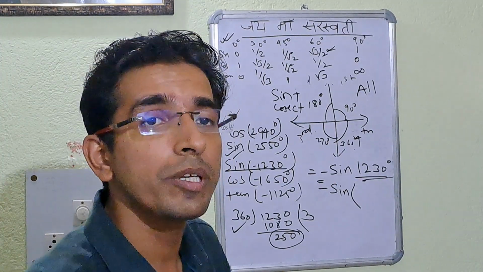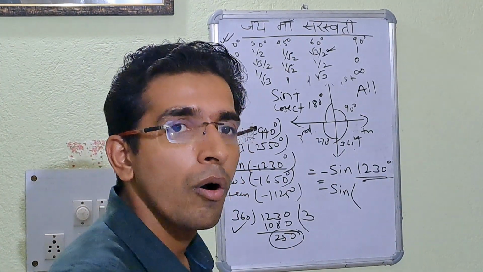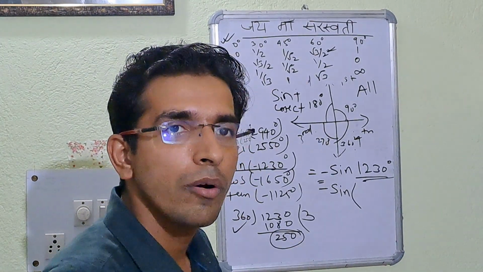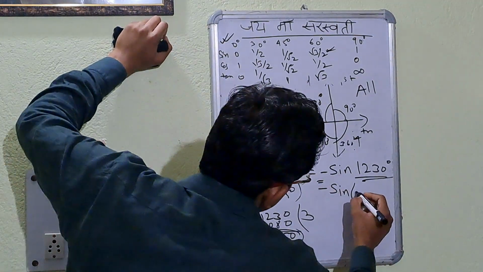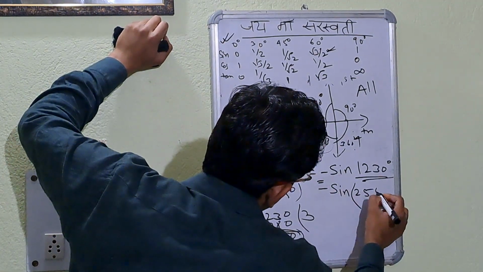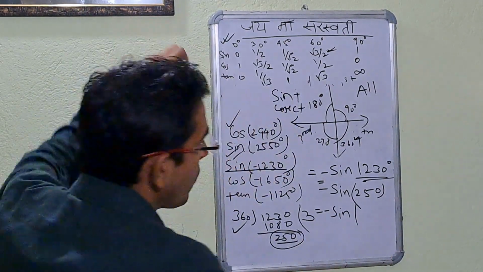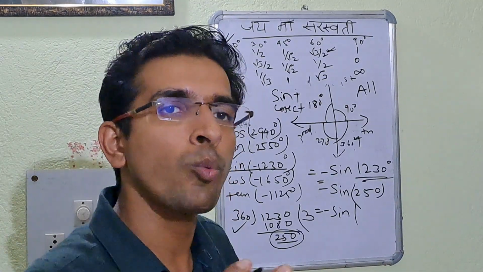It is nearer to which angle? We have to check whether it is nearer to 180 degree or nearer to 360 degree. So first of all we write here minus sine 250. Again we check whether this angle is nearer to 360 degree or 180 degree.